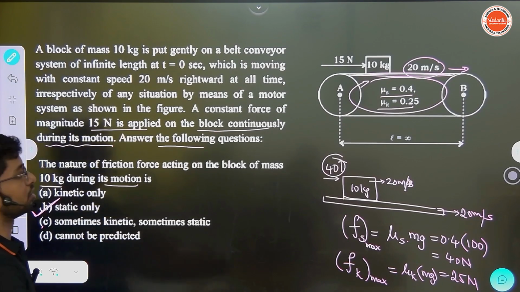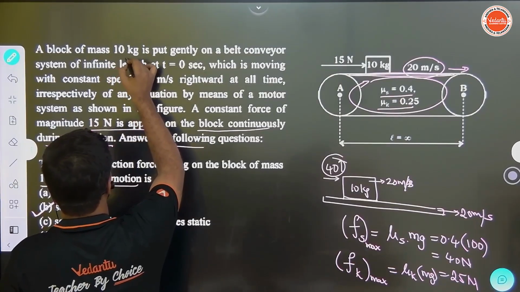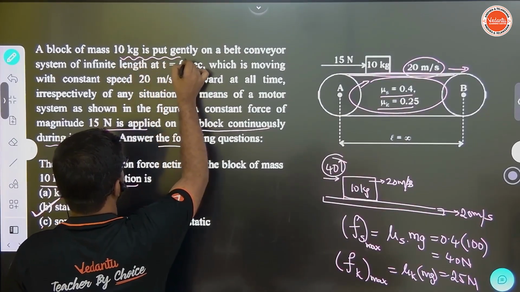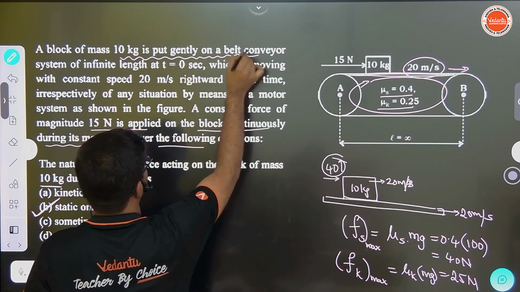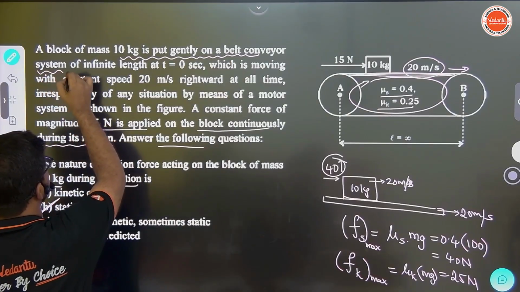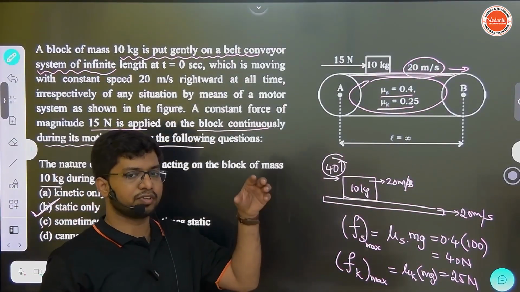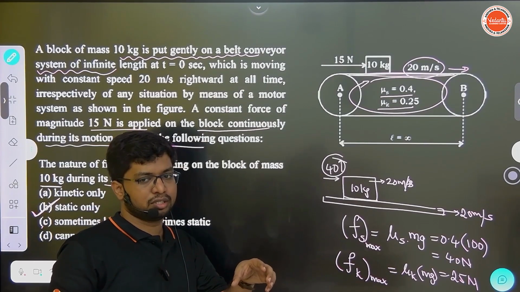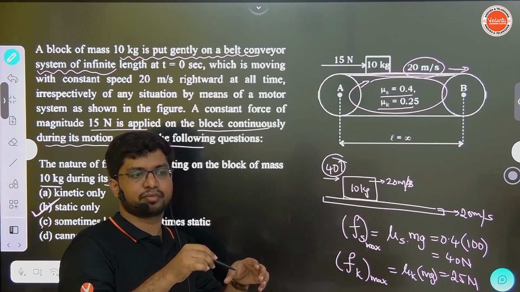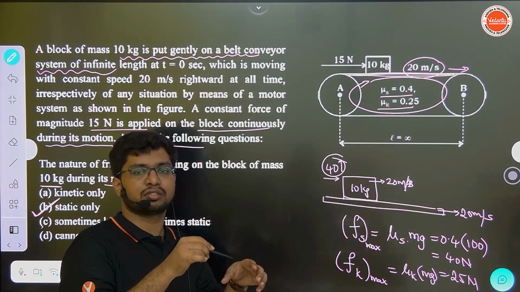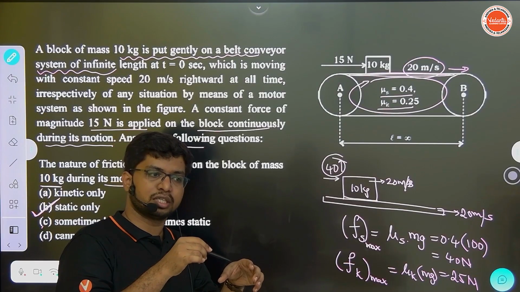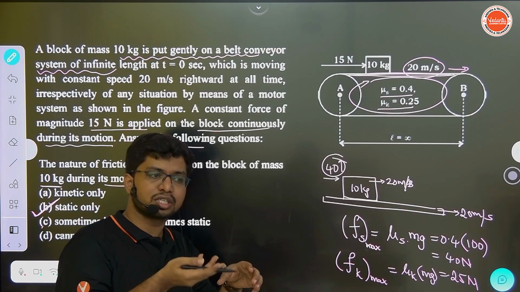Okay, look here, we missed this point. They said it is put gently on the conveyor belt, the moving belt over here, which means if I just gently put it, what is its initial velocity? Initial velocity is 0.